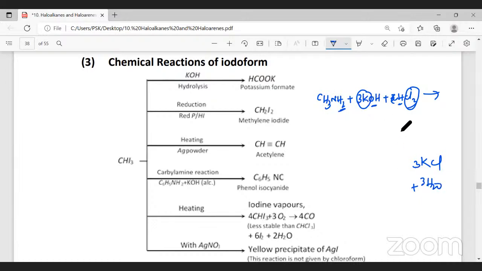What else do you have now? CH3N, and you have this C. This is called isocyanide formation. Instead of CHCl3, we can also use CHI3, iodoform. The same product will be formed. Here they have used aniline, a primary amine, which gives you phenyl isocyanide. Iodoform, on heating, gives iodine vapors with the liberation of carbon monoxide.